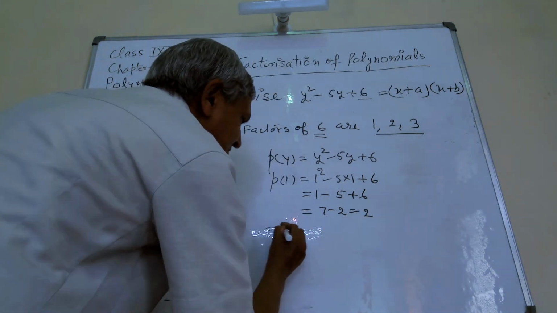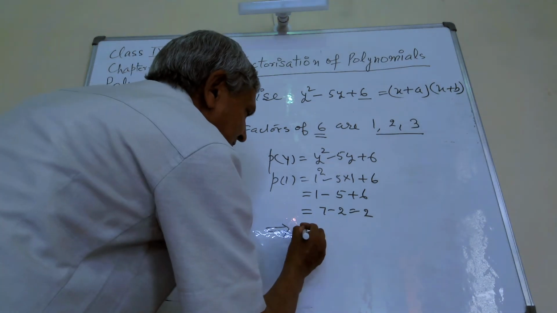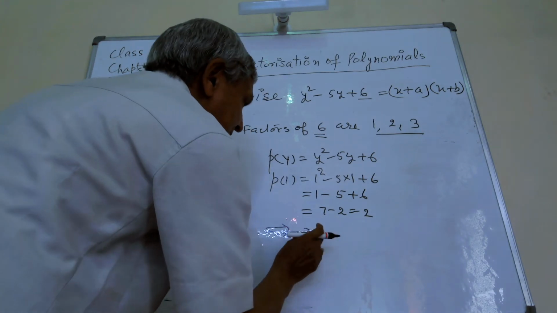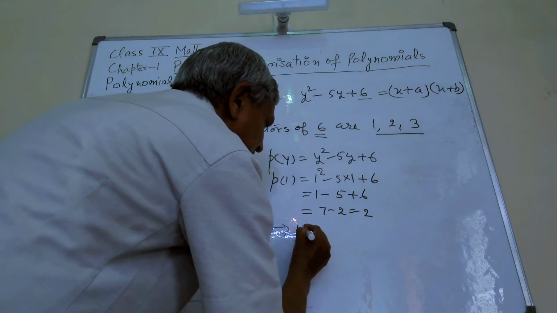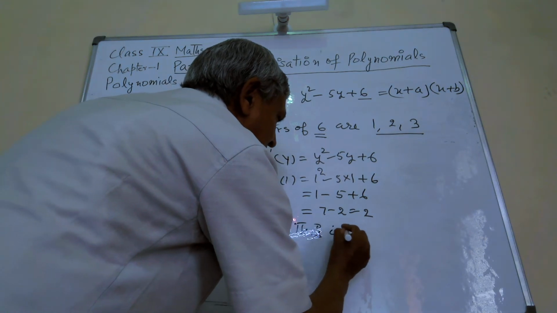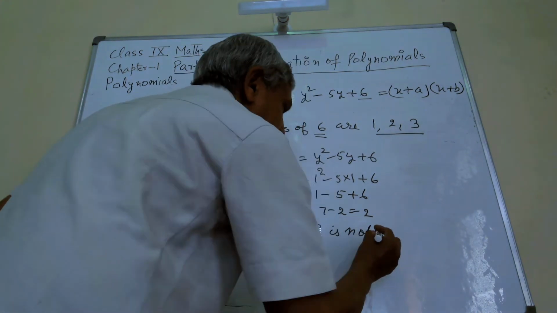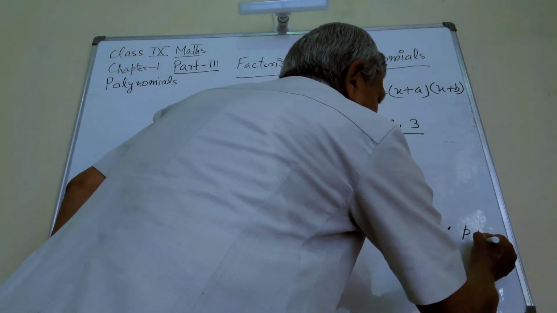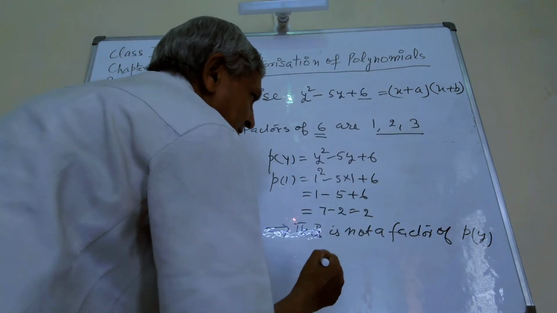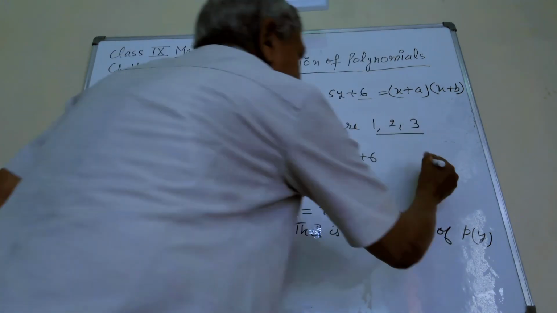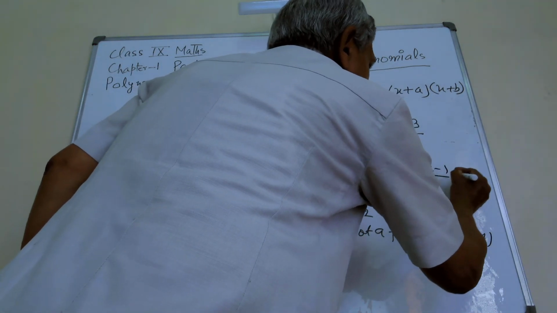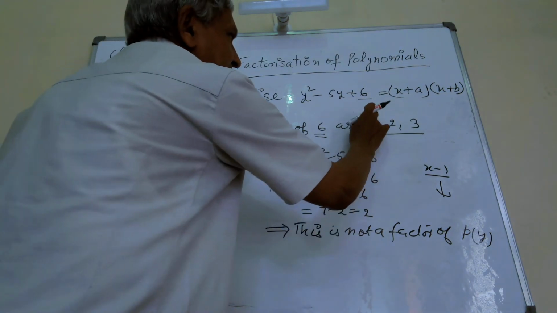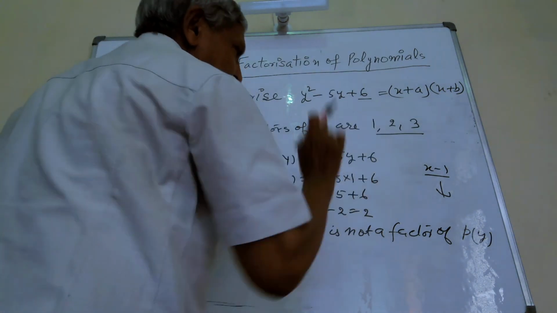Hence, this implies that this is not a factor of P(y). y minus 1 is not a factor of P(y), because we have taken 1 as the value of y.